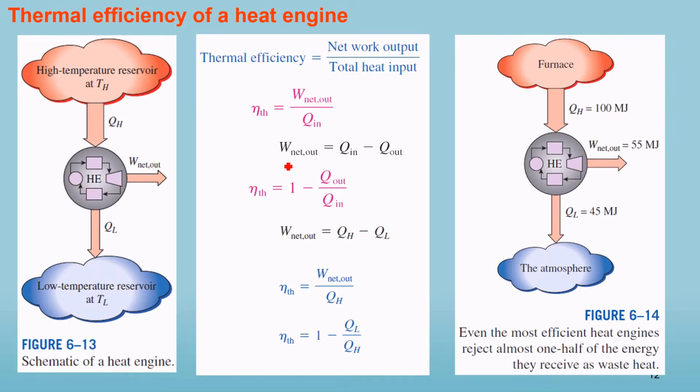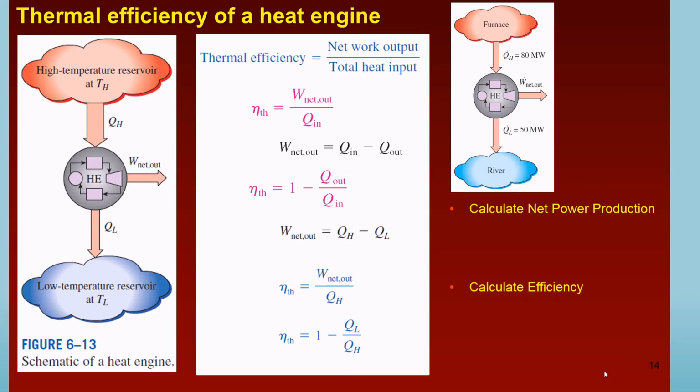So W net out, using an energy balance, we can write as equal to Q in minus Q out. If I substitute this into my equation, I can rewrite that efficiency is equal to 1 minus Q out divided by Q in. If we are using the notation that we used on our heat engine, we can write it like this: efficiency is equal to 1 minus QL divided by QH.